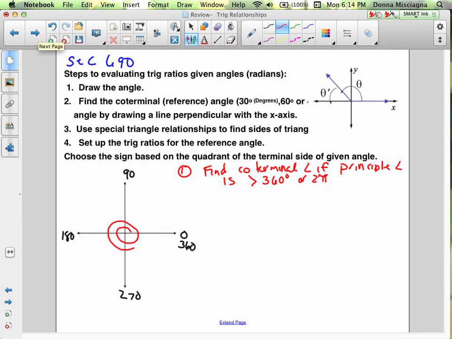I did this one in the last video. The coterminal angle is your principal angle, the angle that you're given, which in this case is 690, minus 360. You can just keep on subtracting 360s all you want. So 690 minus 360 gives us 330 degrees.